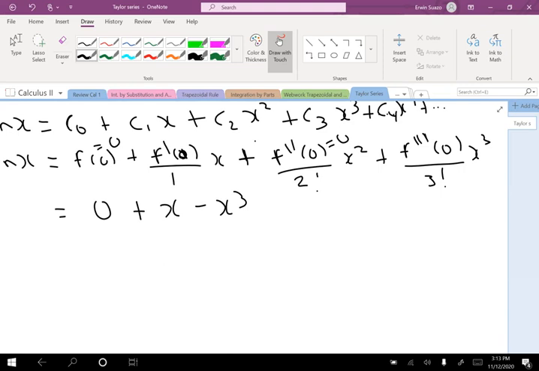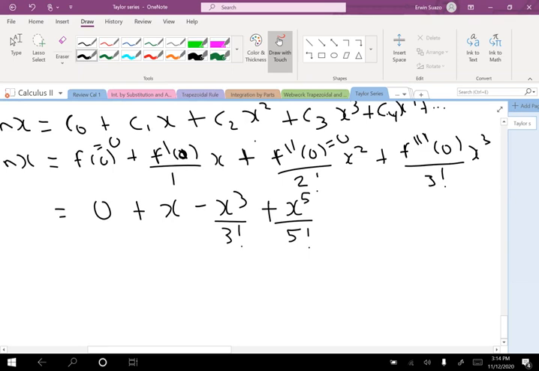And the next one? Plus x to the 5 over 5 factorial.